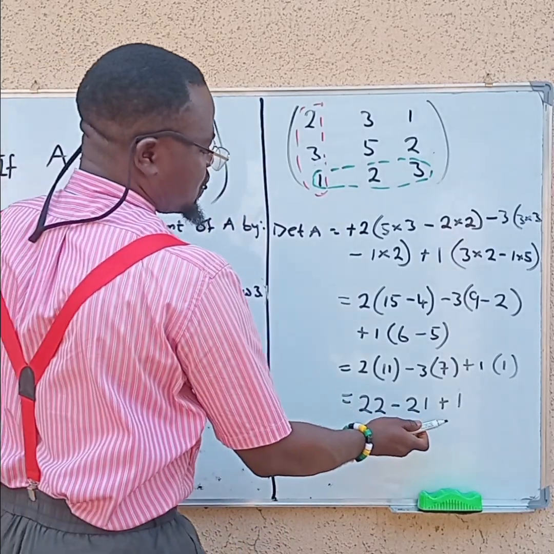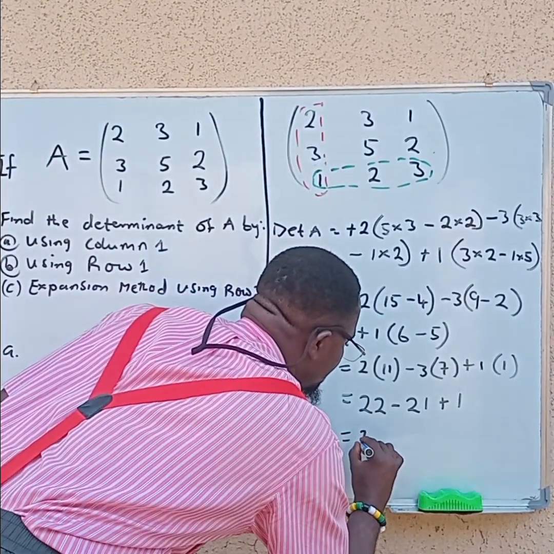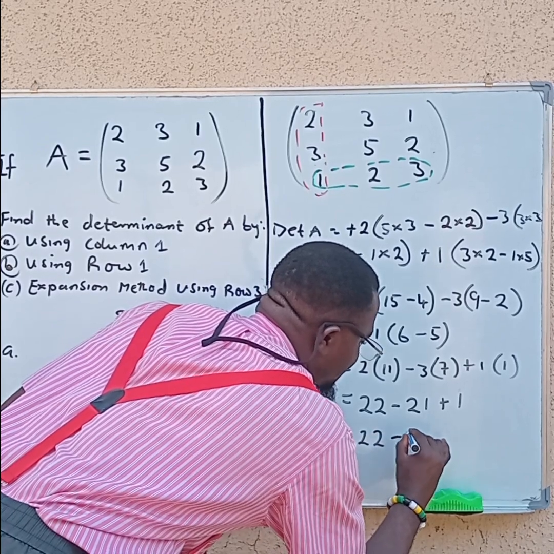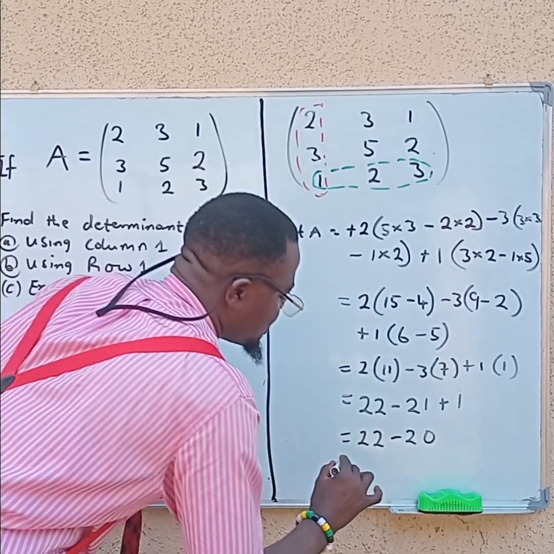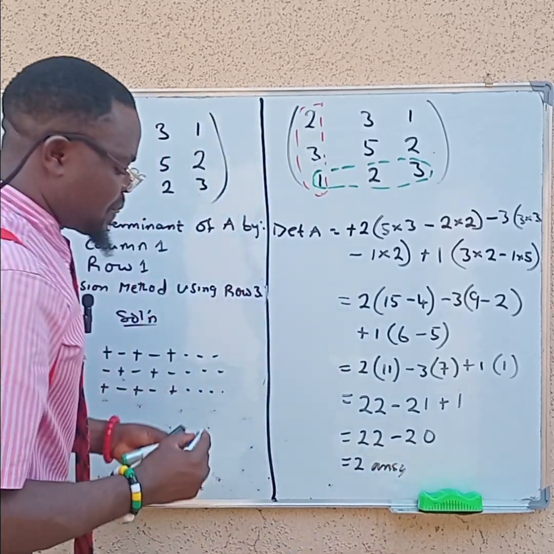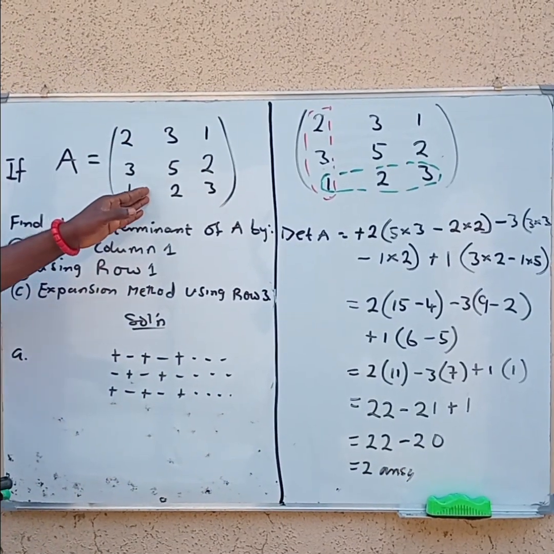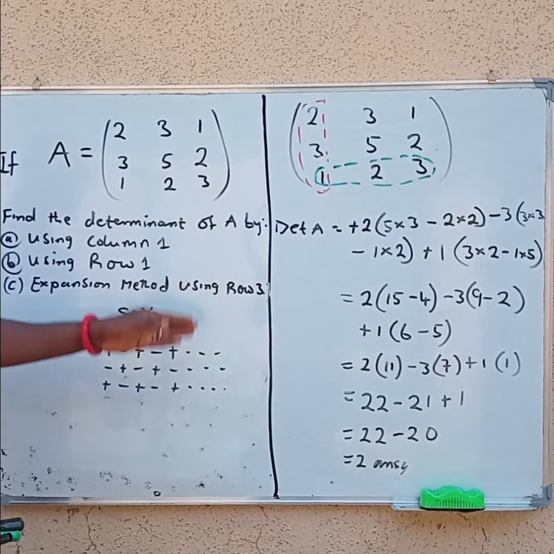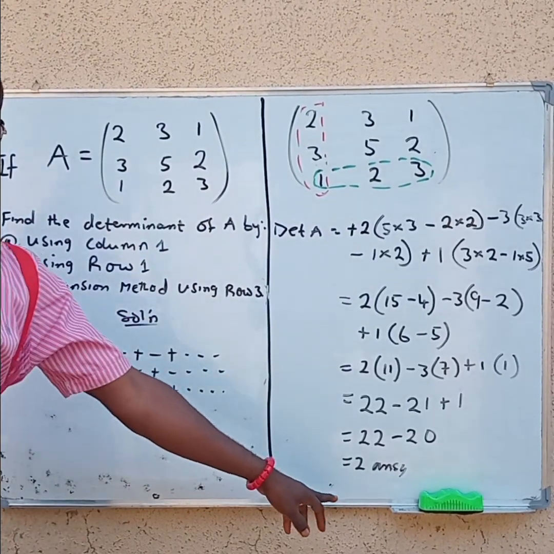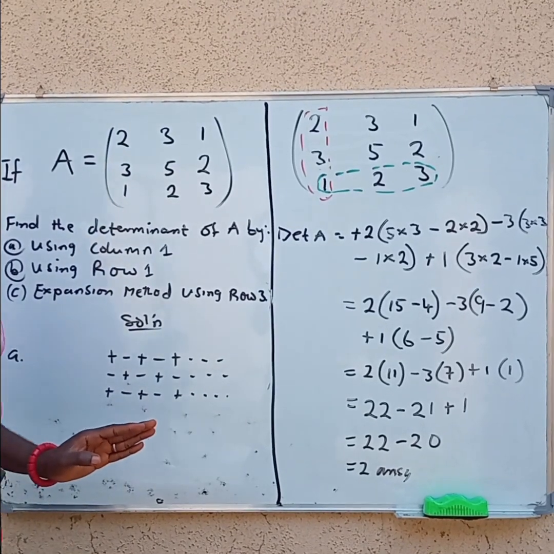Now minus 21 plus 1 is minus 20. I now have 22 minus 20, which is equal to 2. And that is the answer. Now let me tell you something here. If you use this one, or use this one, or use expansion, you must have 2 as an answer. Mathematics is unique and it's everywhere.